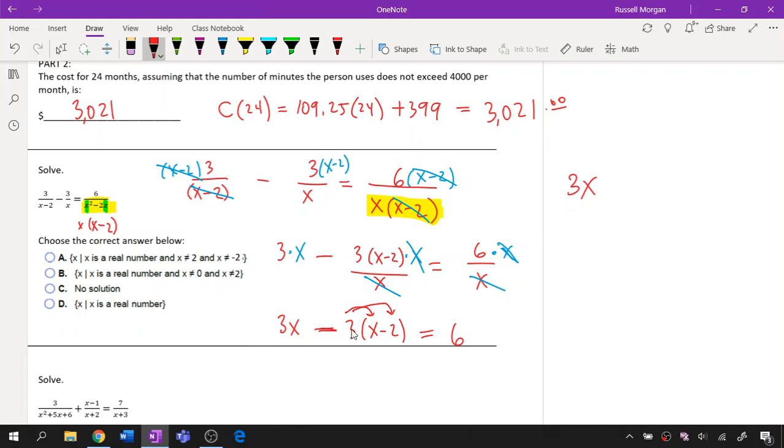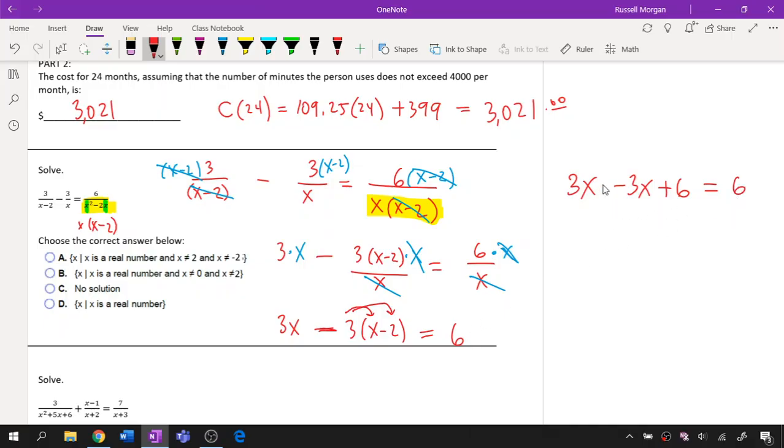But then I'm going to subtract 3 times that. And then I'm going to subtract the 3 times this other one, and that's minus 3 times a minus 2, which becomes a plus 6. Okay? And of course, this all equals 6.